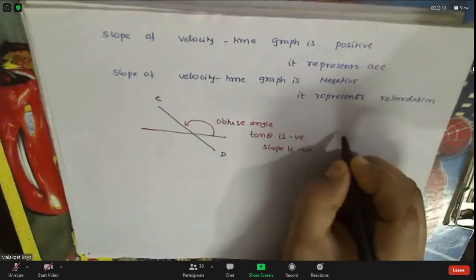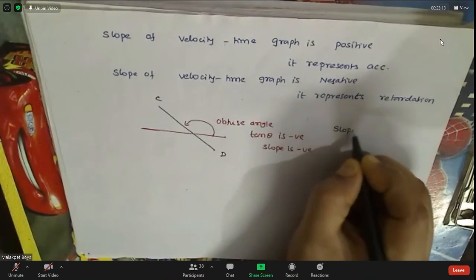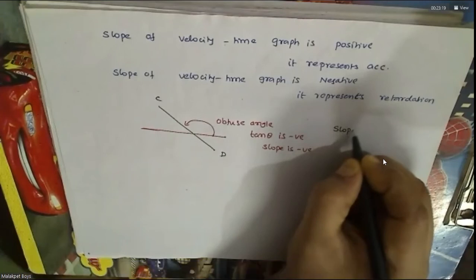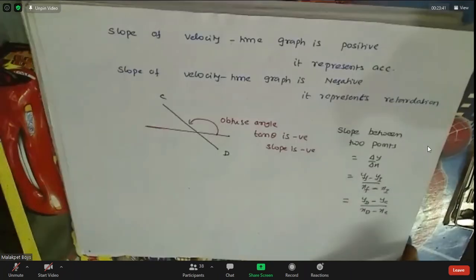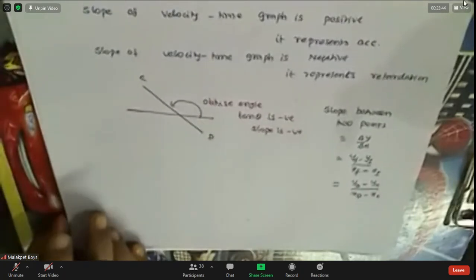How do you find the slope between 2 points? Y coordinate of D minus Y coordinate of C, divided by X coordinate of D minus X coordinate of C. Agreed?